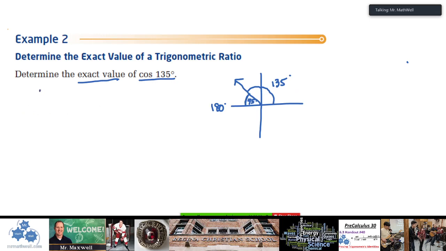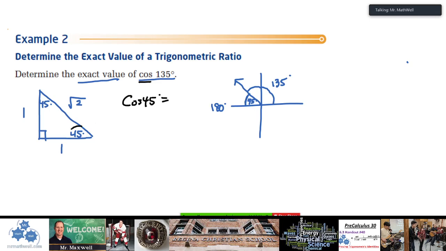A special angle triangle that has 45, if you recall, you should have this memorized. A 45, 45, 90 triangle, and the values here would be 1, 1, square root 2. We determine those using Pythagoras' theorem. That's the simplified version of the lengths of the sides of this right triangle. From that special triangle, I know what cos of 45 is.